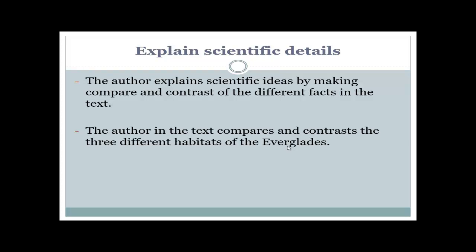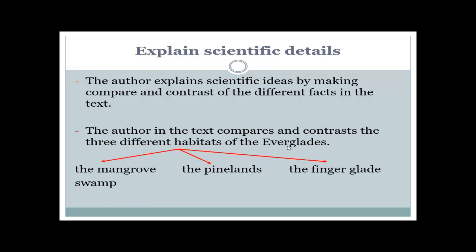An example is when the author compared and contrasted the three different kinds of habitats in the Everglades. She compared how the mangrove swamp, the pine lands, and the finger glades are three different types of environments. Each of them has its own plants and animals that are adapted to live in such an environment.